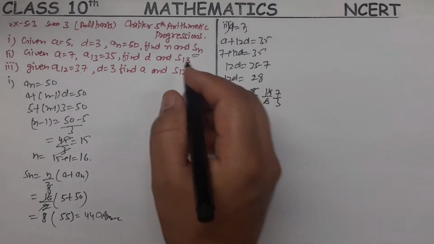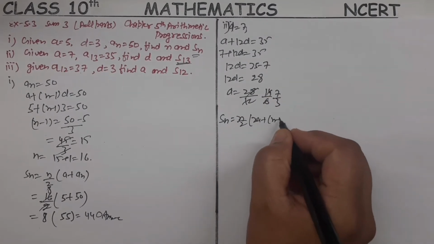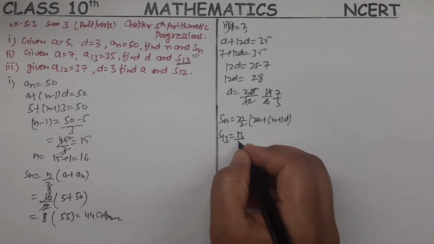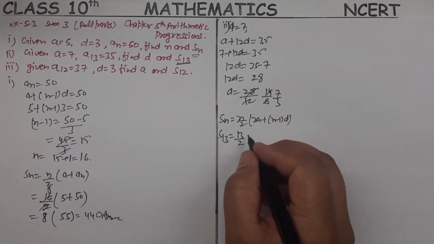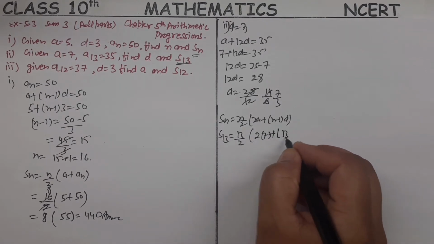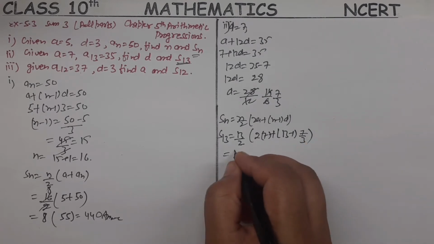Now S_n we have to find: n by 2, 2a plus (n minus 1)d. S13 we have to find. So n is 13. 13 by 2, a that is 7, 13 minus 1, d is 7 by 3.